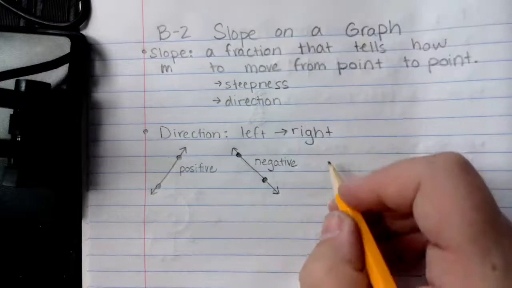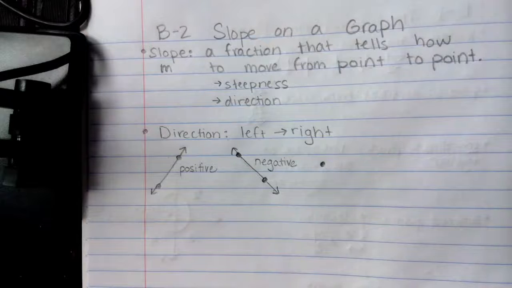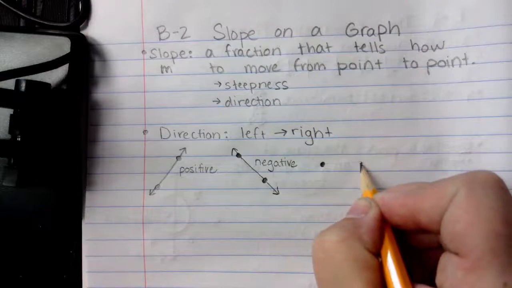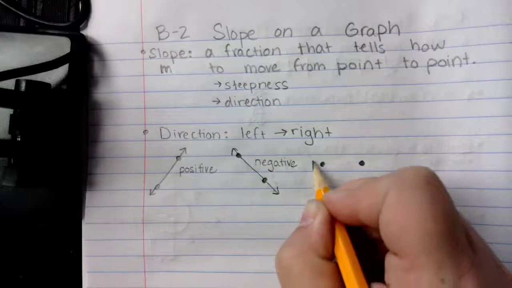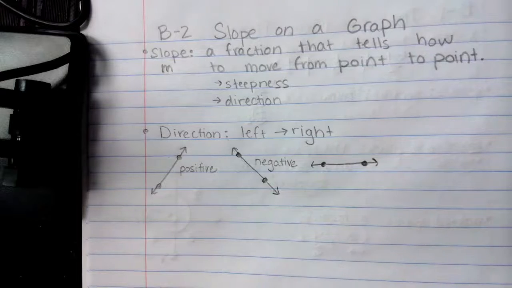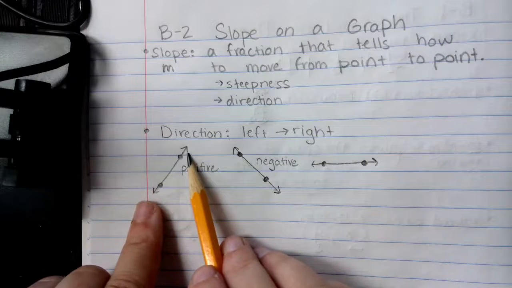What's another option I have from moving? If I have a point, I could go straight to the side. So as we look at this, we're describing how it's moving. On this one, when I started on left and I went right, it went up, so we said positive.